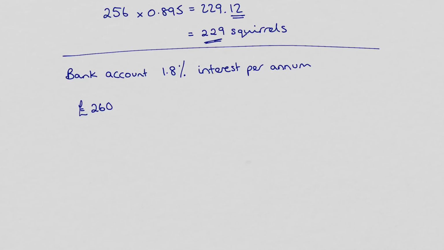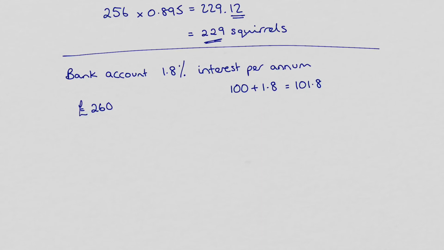Okay, so interest is money that's added on, so we need to increase our amount by 1.8%. Okay, so we need to be thinking about 100 add 1.8. So be careful, that is 101.8.